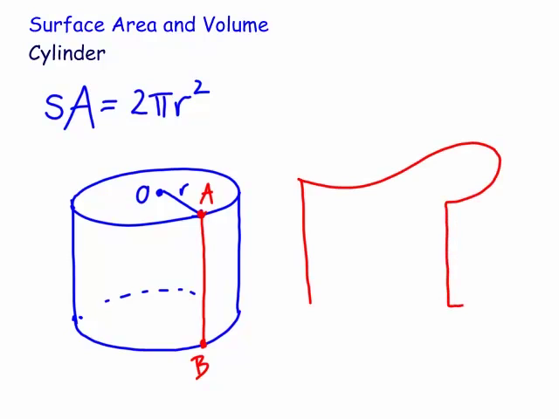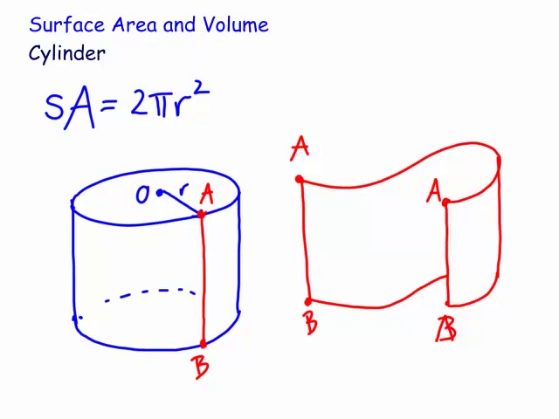So slowly we unwrap it, and we can call this A, B here and A, B there. Obviously, those two bits will join up where we sliced it.